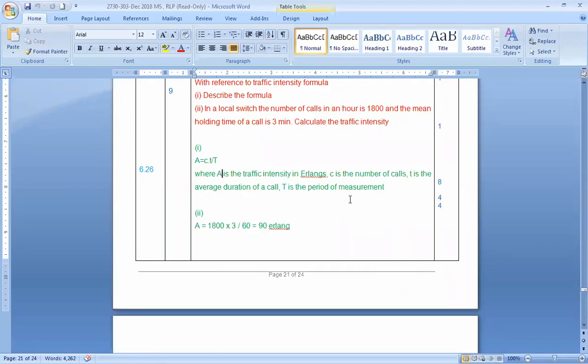Most of the time we get confused between small t and capital T, where capital T is the total period.